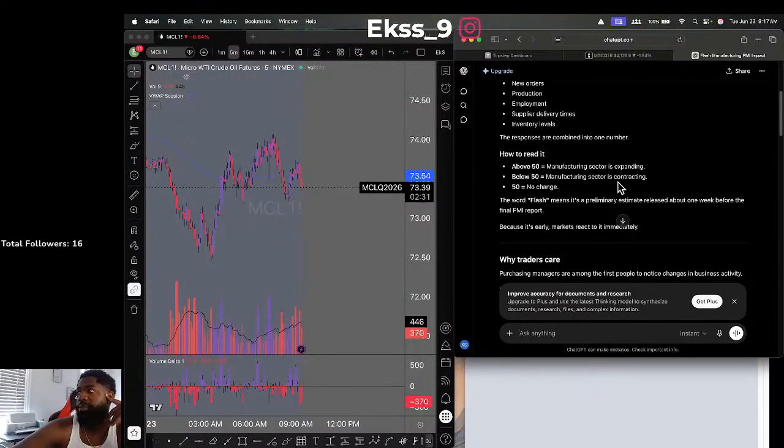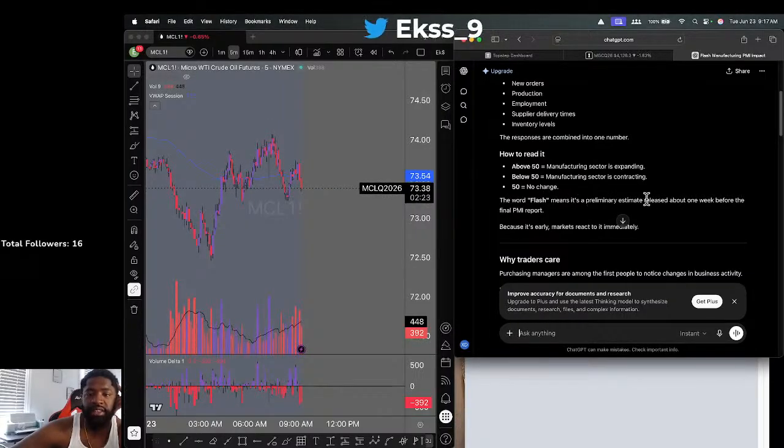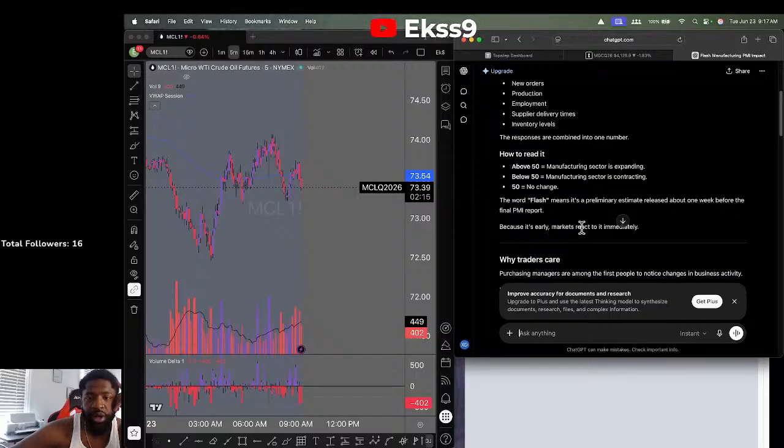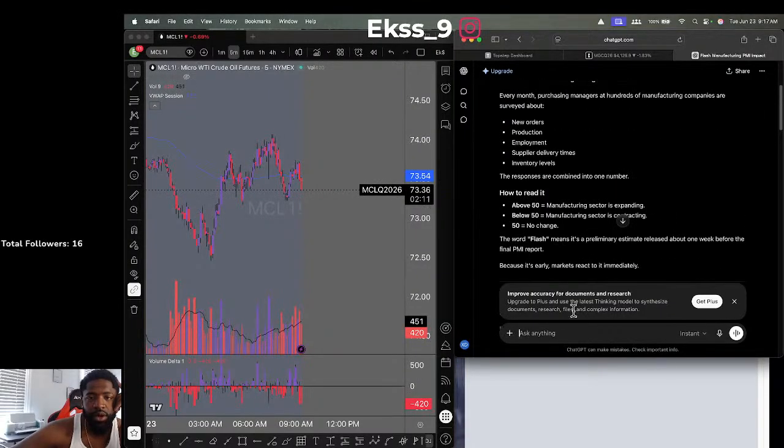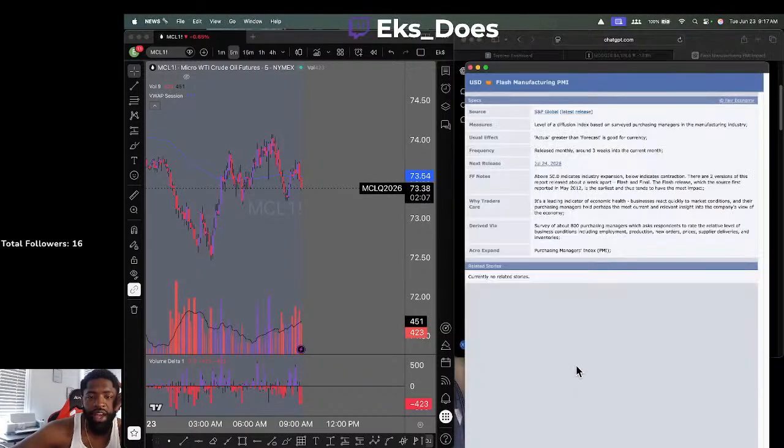So that would be the opposite. And if it is 50, then that means it's no change. The word flash means it's a preliminary estimate released about 1 week before the final PMI report. Because it's early, markets react to it immediately.